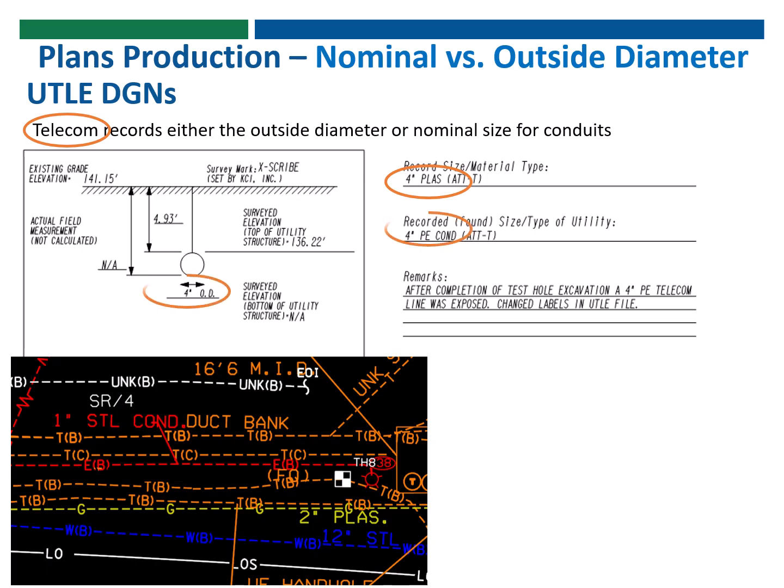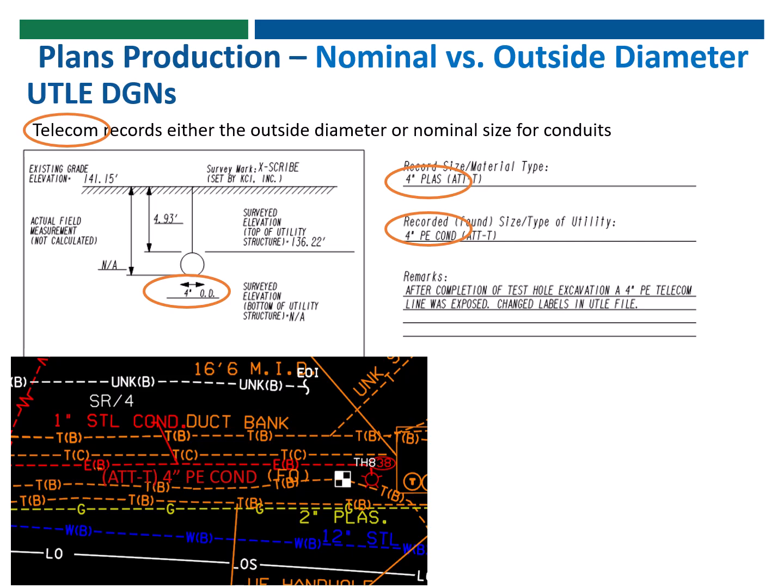They found a 4-inch PE conduit. And for telecom facilities, we want you to put what you measure in the DGN file for telecom. So in this case, they found a 4-inch PE conduit, and that's what they record in the DGN file.